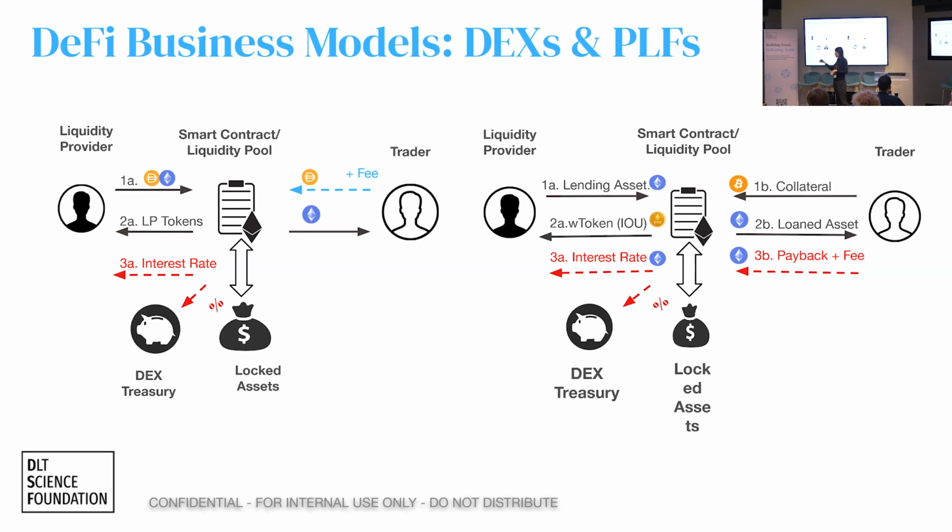Maybe they have some ETH and they want some DAI, same thing: they deposit ETH into the liquidity pool and then withdraw some DAI. That's what exchange users do, right? They go to an exchange to swap one asset for another asset.